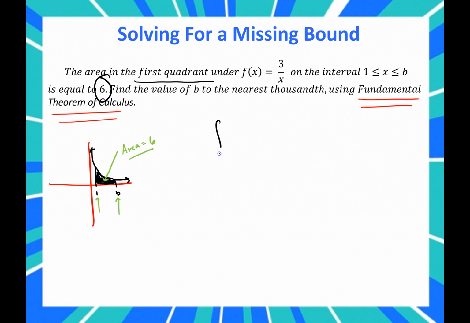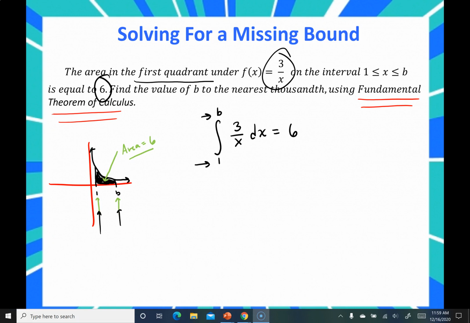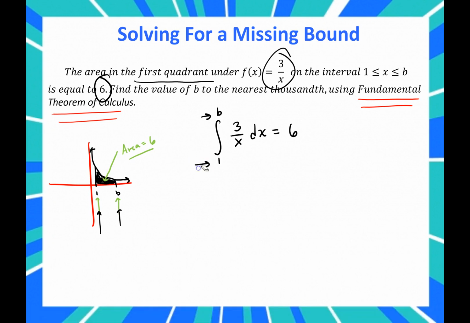So let's go ahead and try to figure this out. We know that the integral from 1 to b of 3 over x is equal to 6. So here are my bounds from 1 to b. Here's my function, 3 over x, and I'm told that the area under the curve is 6. So I'm just going to pull that 3 out in front. This is a common thing that you can do.